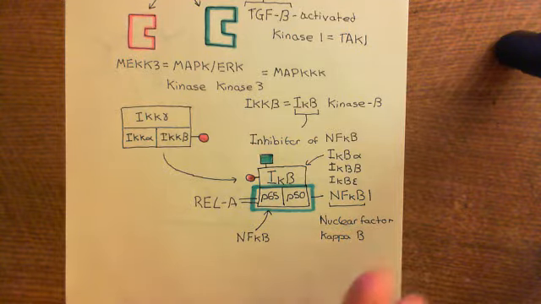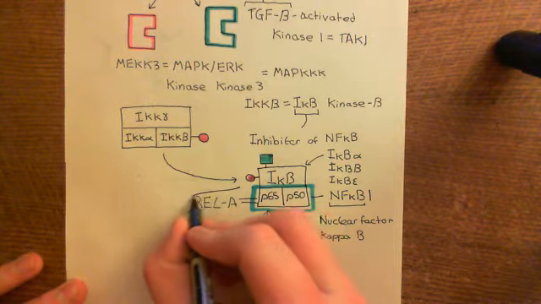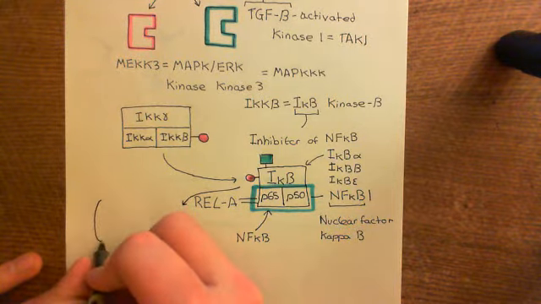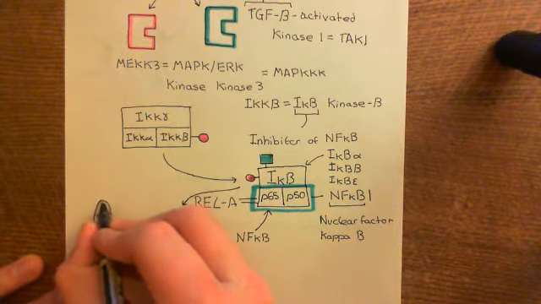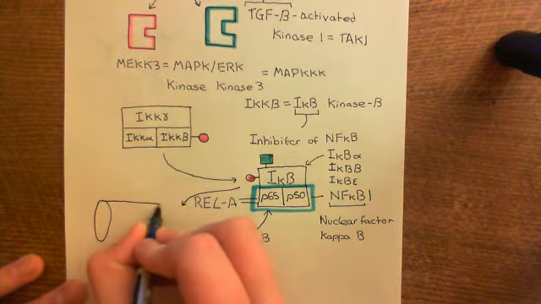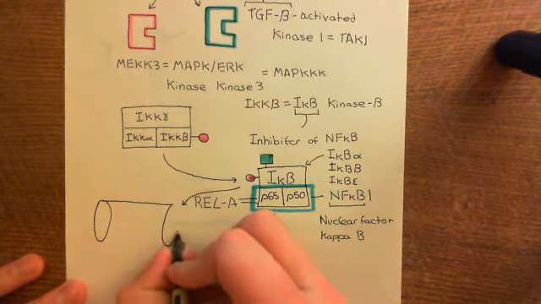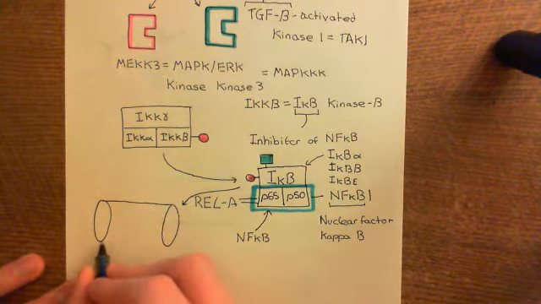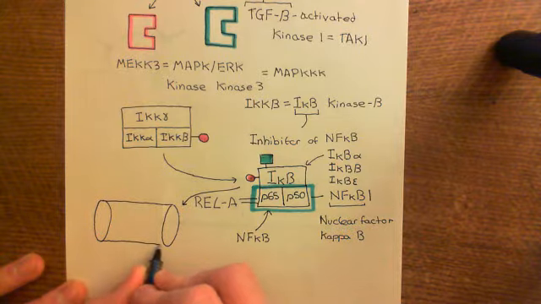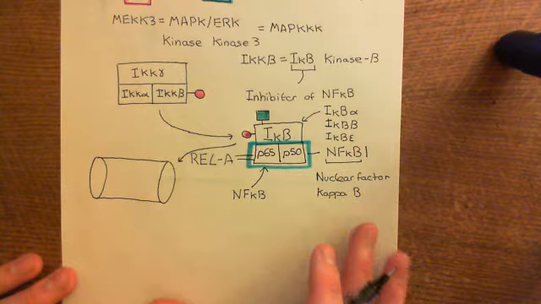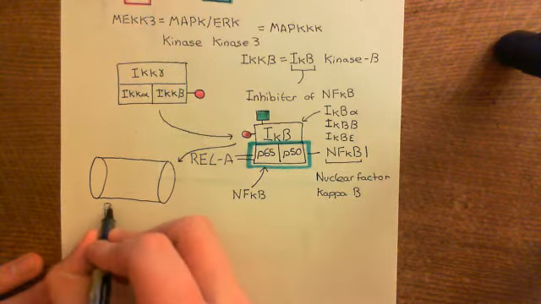If we can imagine it now going to the proteasome, the inhibitor of NF-kappa B is going to go through the proteasome and it's going to be destroyed. However, the NF-kappa B that it's bound to is not going to be destroyed. Instead, it's going to be freed from the inhibitor of NF-kappa B as the inhibitor goes through the proteasome.